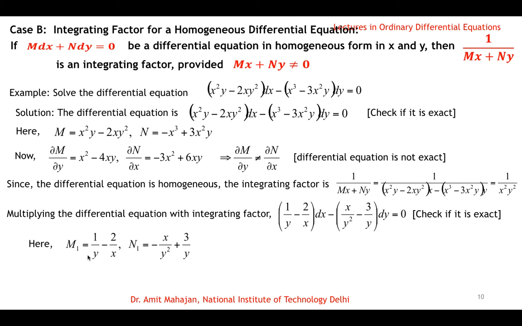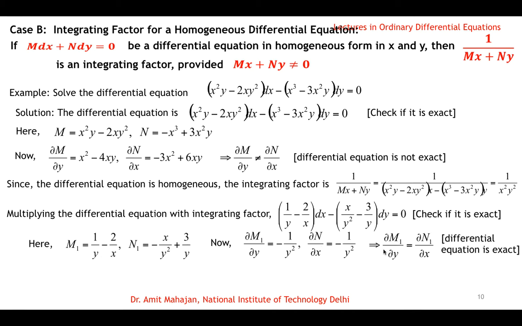So calculate this derivative with y, which is minus 1 by y square, and this with x, so minus 1 by y square. So clearly now the new differential equation is exact. So I can write the solution as integral of m1 dx, treating y as constant, and plus integral of those terms of n that do not contain x, so that will be 3 by y is equal to constant.